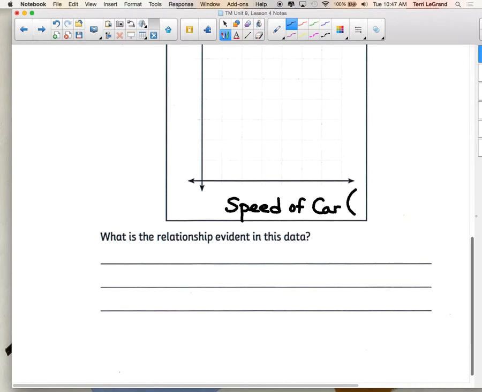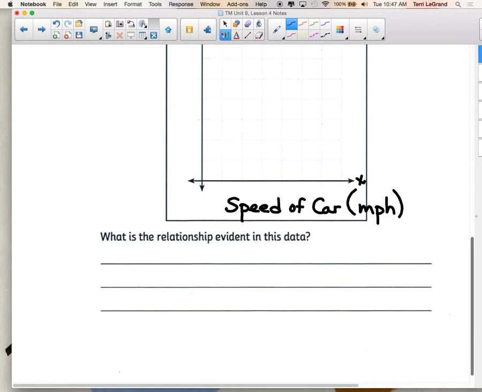So what's the speed of the car measured in? Miles per hour.